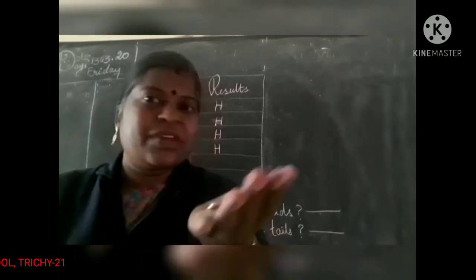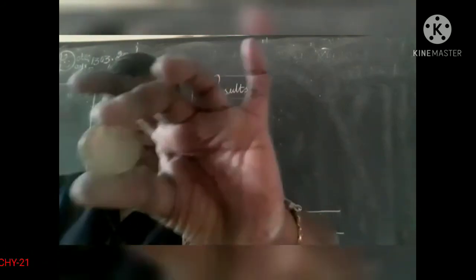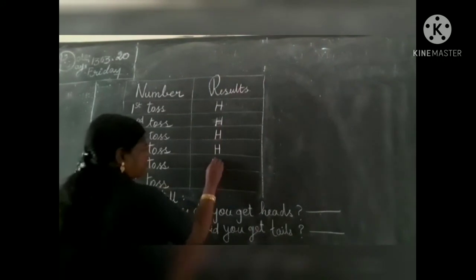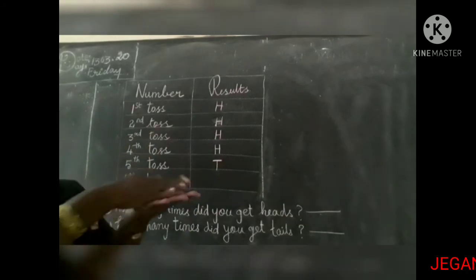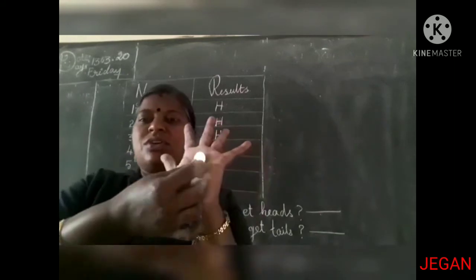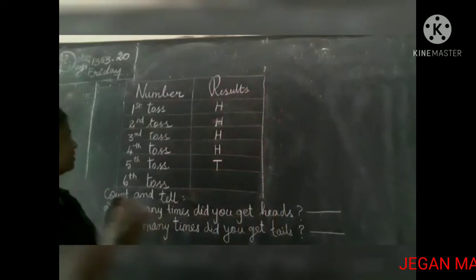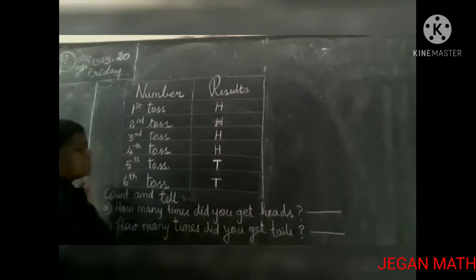This time we get tail. So T for tail. Then the sixth time. This time also tail. I write here T for tail.